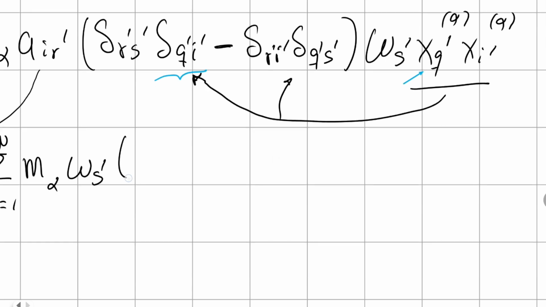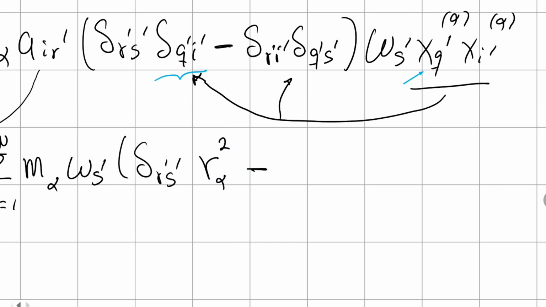So we can write this as the Kronecker delta R'S' times, again, this is x_i' alpha, but this is R squared. So we can write this as R squared.